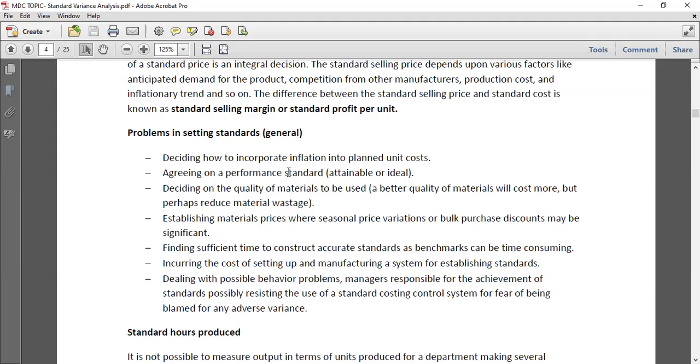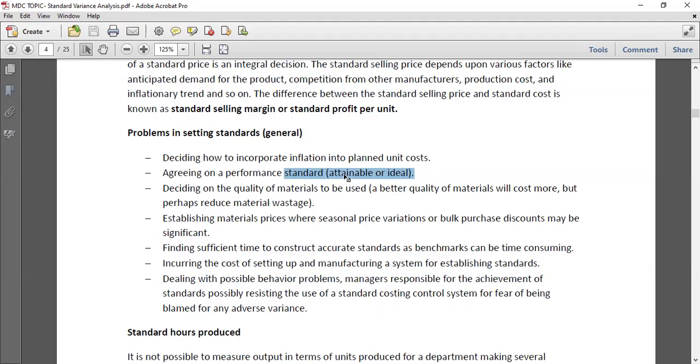Now we are going to look at different types of standards. One example or type of standard is ideal. Ideal standards are basically calculated assuming perfect conditions. And then attainable standards are usually realistic, okay? They are realistic standards.